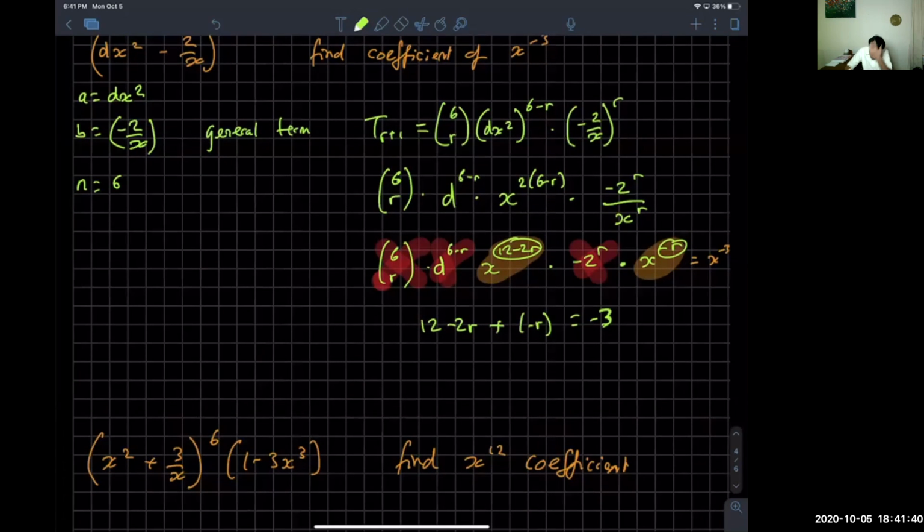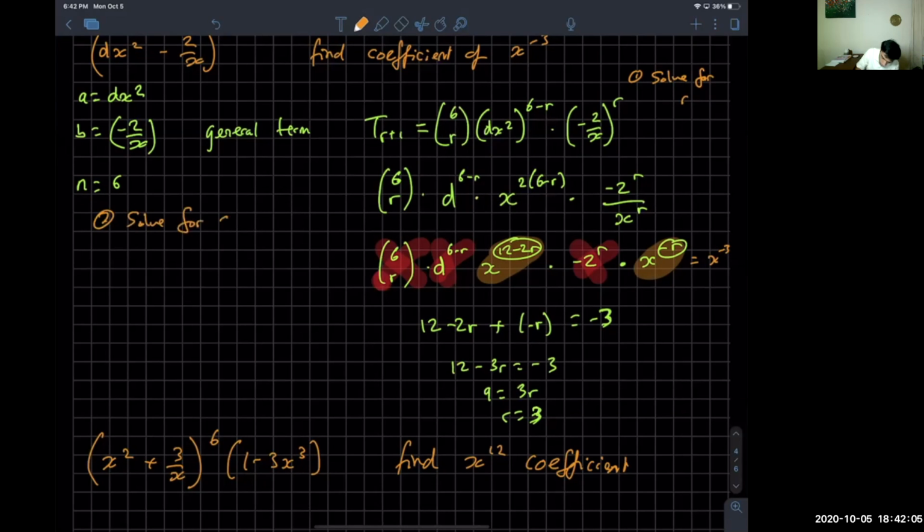So let's do this math. This becomes 12 minus 3r is equal to negative 3. So 9 is equal to 3r, so r equals 3. Okay, I've now solved for r. This was the first step, which is one, solve for r, and now two, solve for the coefficient.